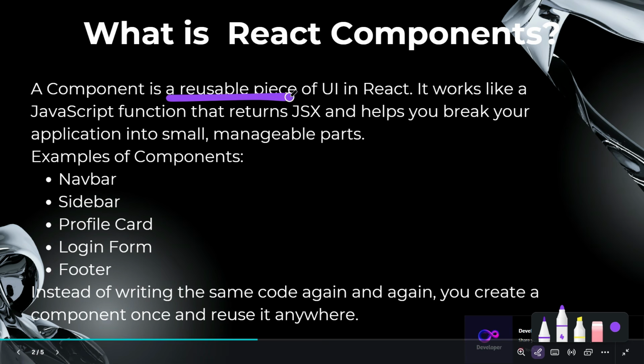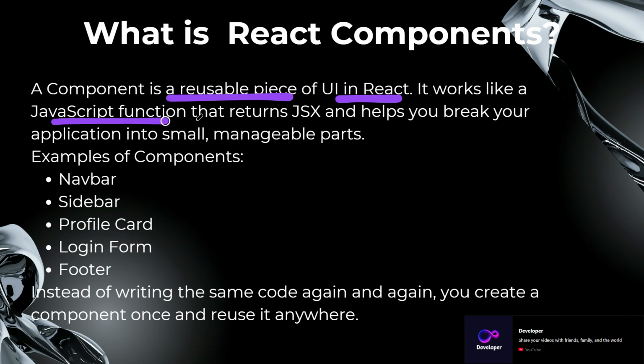It is a reusable piece of UI in React, and it works like a JavaScript function that returns JSX. A function component is also a function, but inside it returns JSX. You know about JSX, HTML-like code inside a function, and it helps you break your application into small manageable parts.